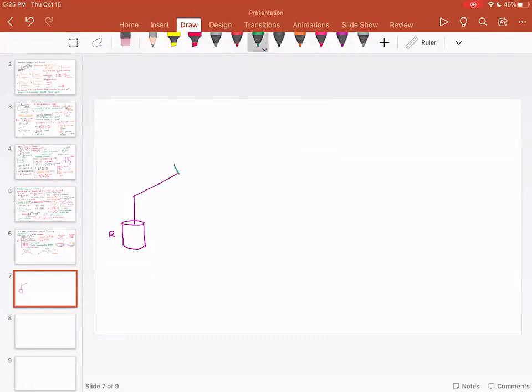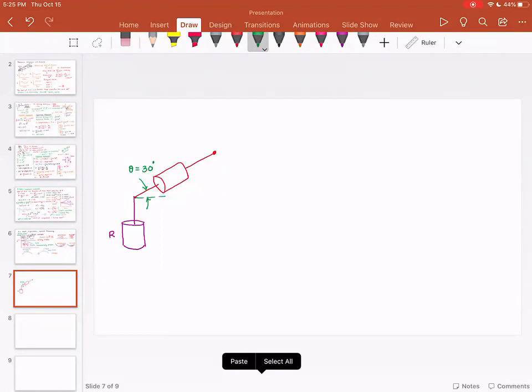So I'm going to show another revolute joint, and this revolute joint is at an angle, and then you have an end effector over here. Please note it's constant. So this theta is say 30 degrees. And this is not changing. So no matter what happens, this theta is going to remain 30 degrees.